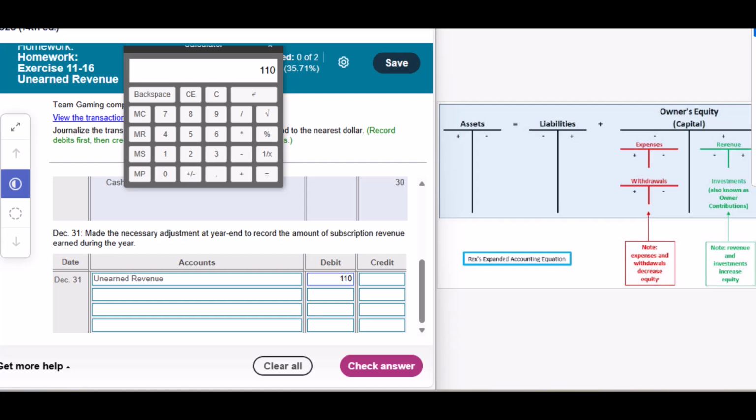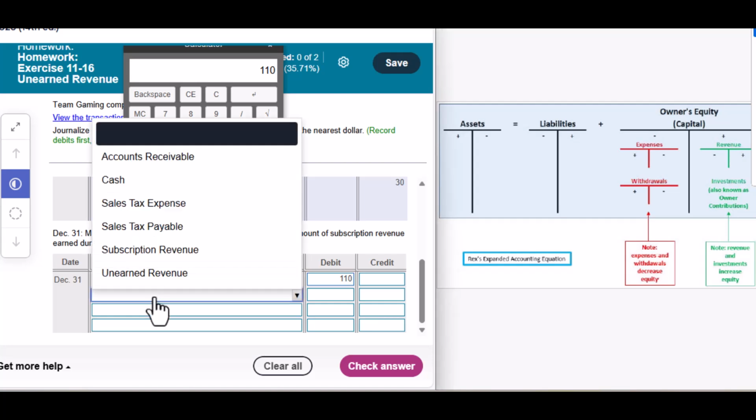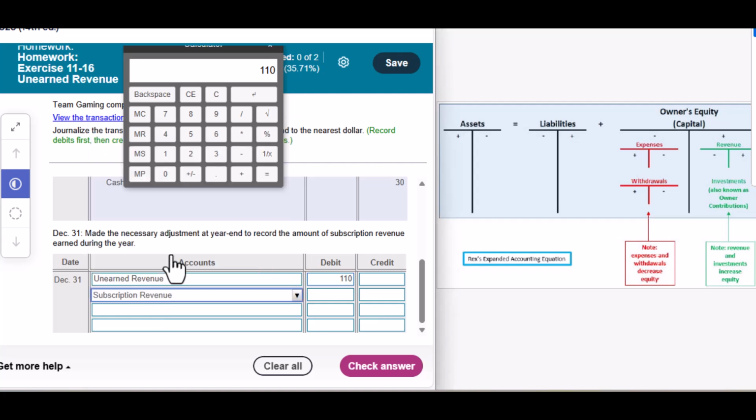So I'm going to go ahead and credit the subscription revenue account here. And revenue does increase with a credit. So we'll go ahead and balance this transaction with a credit of $110, since that is what we have earned at the end of the year. And then let's go ahead and check our answer. Well done.